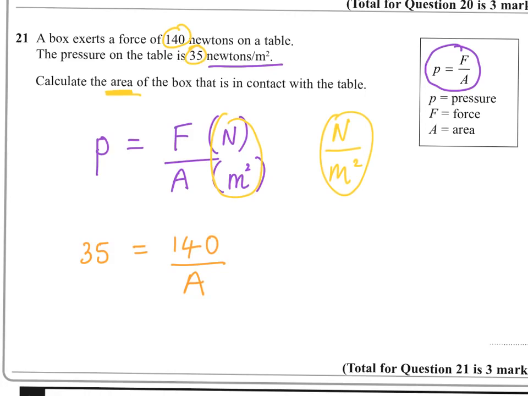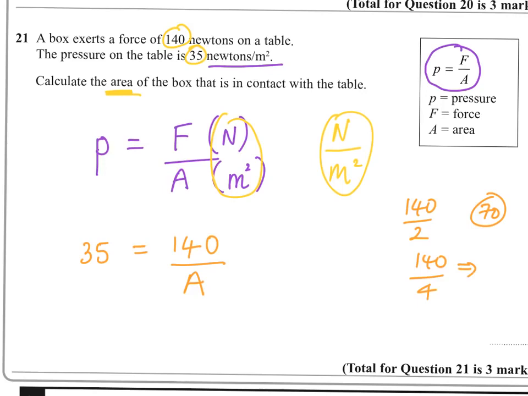Now what you can do is, you don't have to use algebra necessarily to rearrange this for A. You can kind of use your common sense. If A was 2, say, you would have 140 divided by 2, which would give 70. But if you divided that by 2 again, then you would get 35. So 140 divided by 4 would be a very good idea.